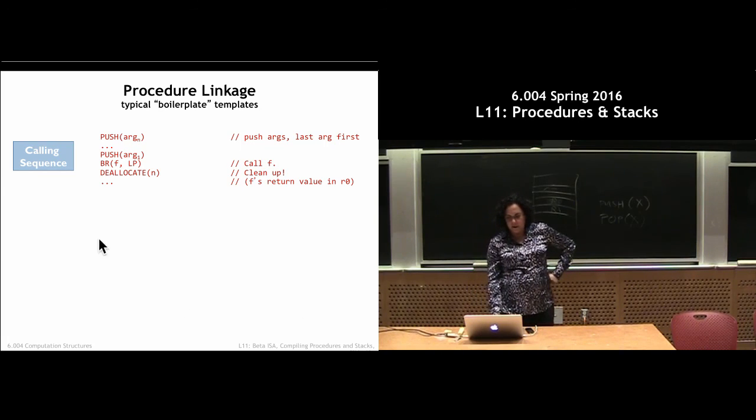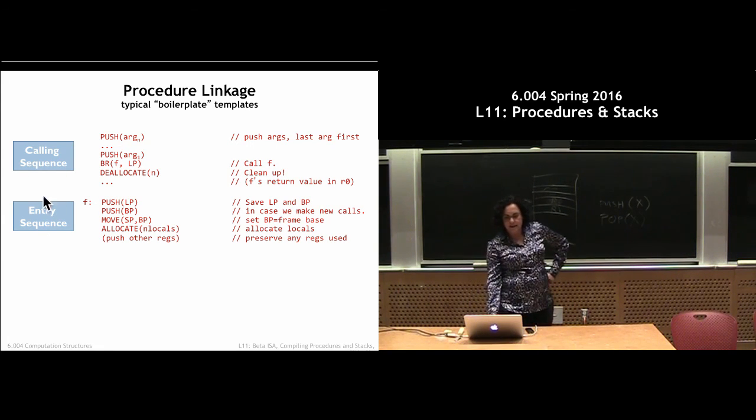Okay, so if we actually look at the 3 different pieces that go into this, we have our calling sequence, where we would basically do a number of pushes of our arguments in reverse order, followed by a branch instruction that calls this procedure or function f and stores the return address in LP, and then you do a deallocate n once you return in order to take these n arguments off the stack.